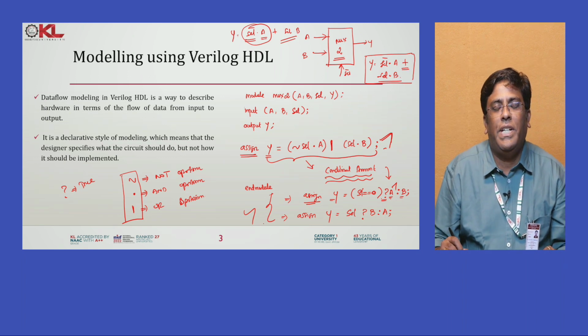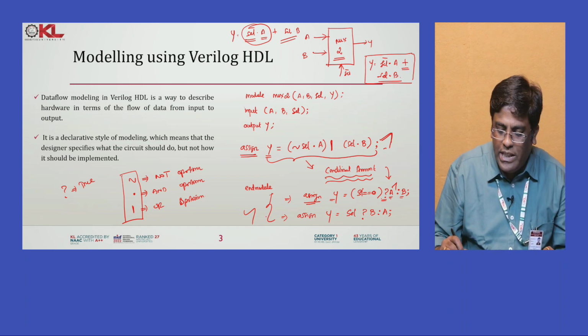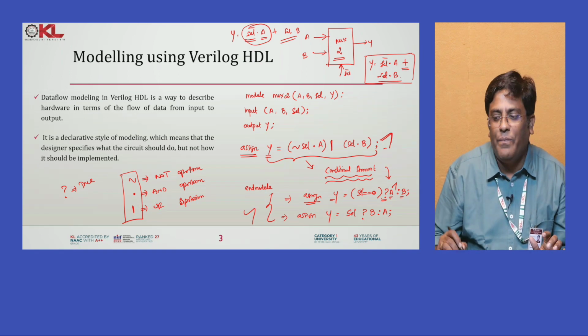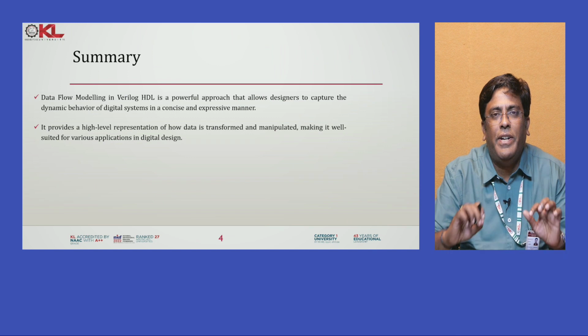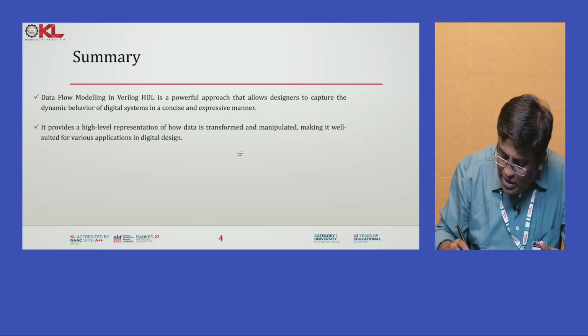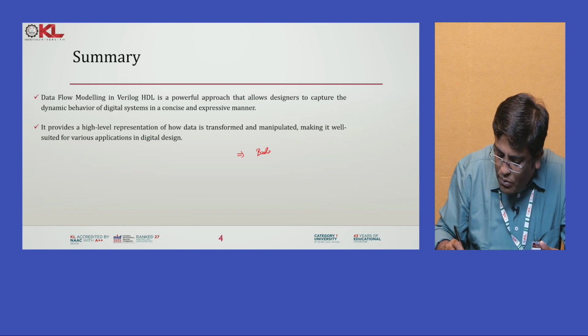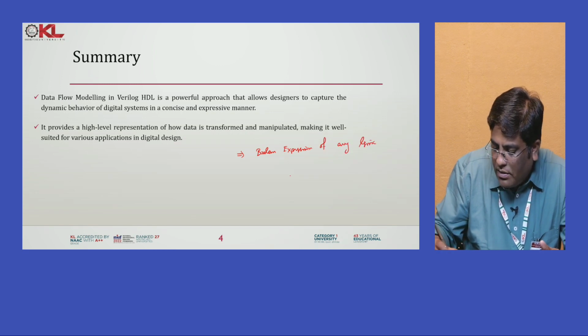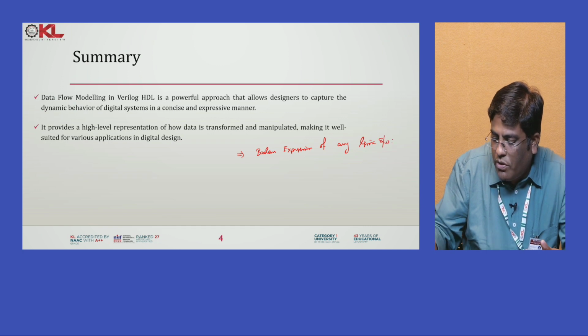Whichever way we write the program, we can develop it through data flow modeling. So what we can conclude about data flow modeling is that if you want to develop it, we should know the Boolean expression of any logic system which you are going to implement.